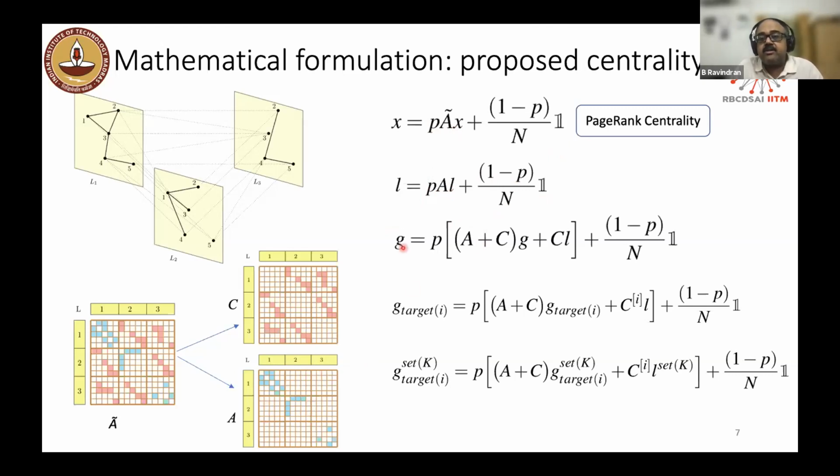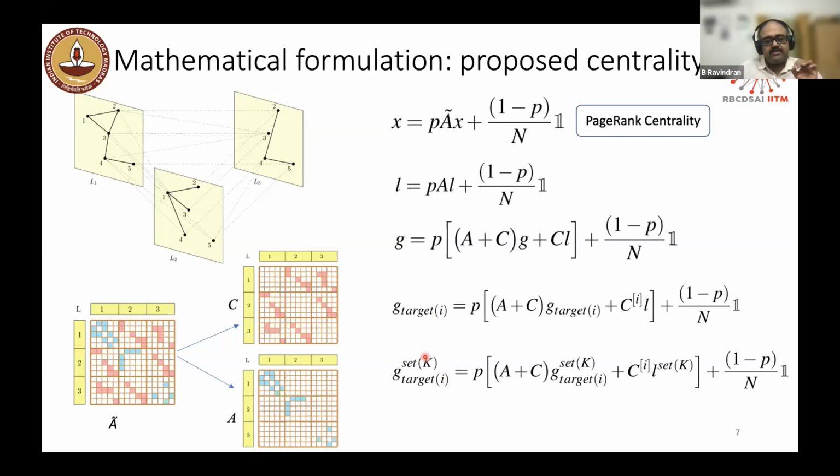But then we also have the global centrality. The key to this decomposition was that we wanted to make sure that the overall centrality is a combination of the local and global centrality, and we achieved that up to a scaling. We show that. But apart from this, we introduced multiple other notions of centrality, where we looked at a global centrality targeted to a specific layer, or a global centrality targeted to a specific layer and a specific set.